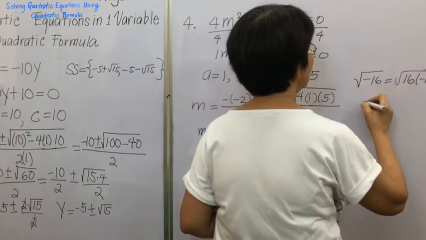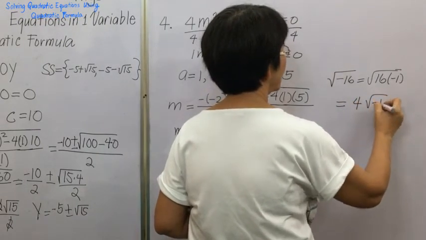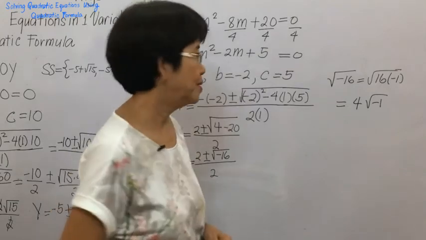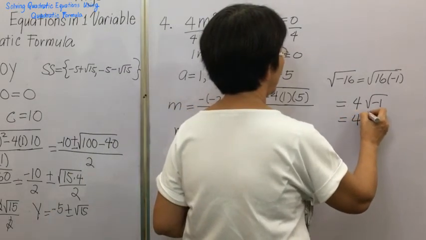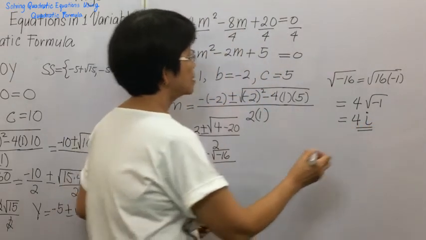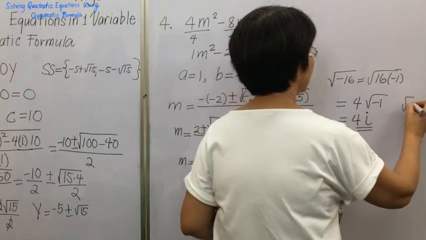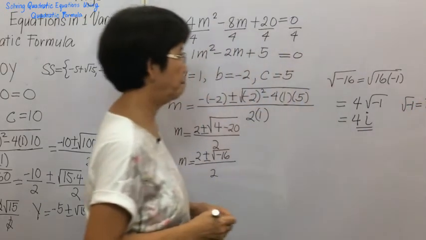And the square root of 16 is 4, and the square root of negative 1 is an imaginary number. So this is equal to 4i, because the square root of negative 1 equals an imaginary number i.